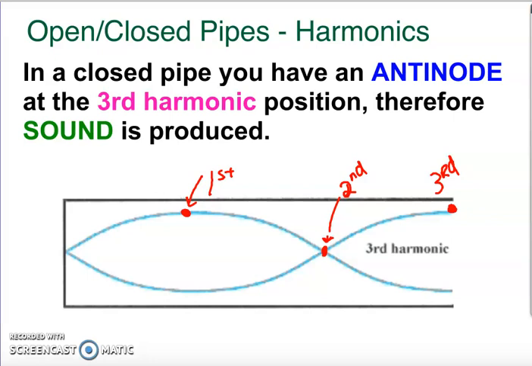Now, the next note we'll hear will happen at what we call the third harmonic position. That's because, again, we've got an antinode happening at the open end of the tube, which will produce a sound. And that's going to be 3/4 of a wave, because we go all the way up to a maximum, back to equilibrium, all the way down to a minimum, and that would be 3/4 of a total wave.